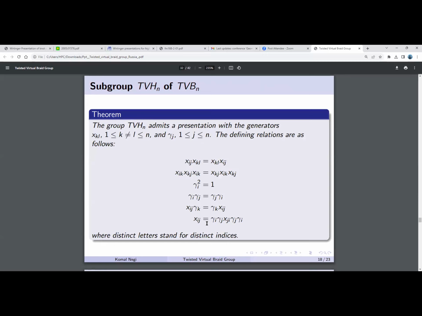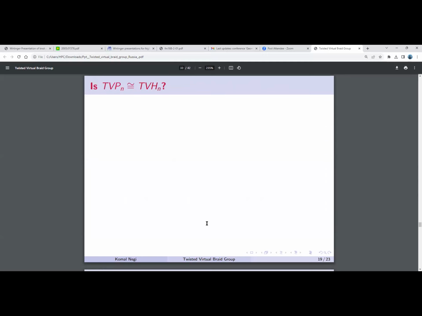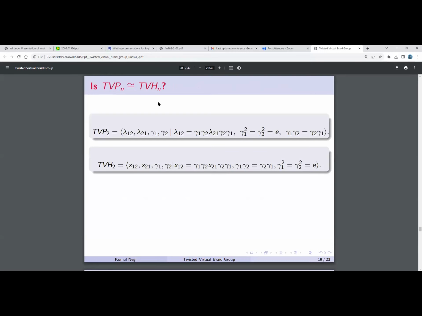Now we have two subgroups of TVBN. So the next question is whether these subgroups are isomorphic or not. Starting with n equals 2, these are the presentations for TVP2 and TVH2 respectively, and these are isomorphic. These subgroups are isomorphic to the free product of Z and Z2 cross Z2.